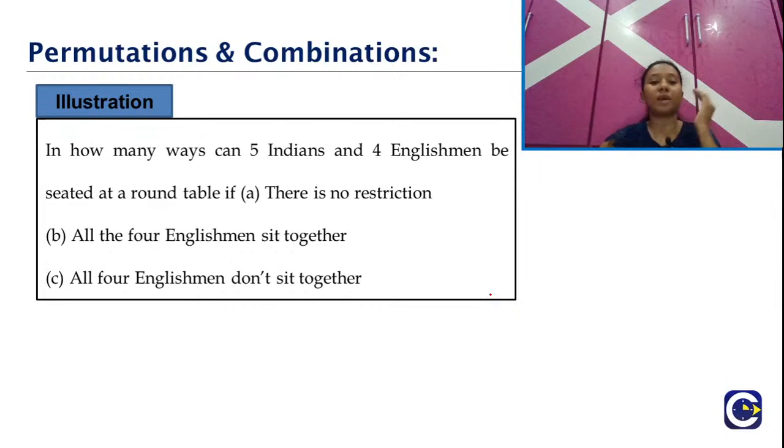So just go by the flow by identifying that condition here. Read the question first, try to understand it, and try to relate how you would do it in general for linear arrangement and what will be the difference when it comes to circular. There you will understand the difference and then it will be easy to solve it for our circular permutation.